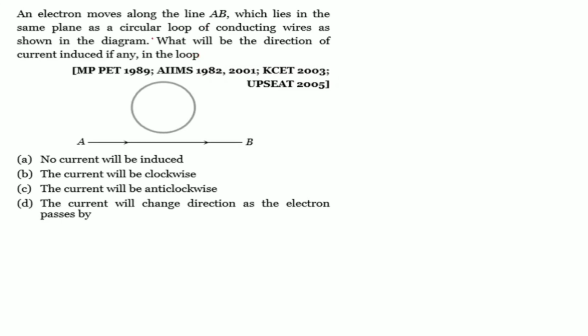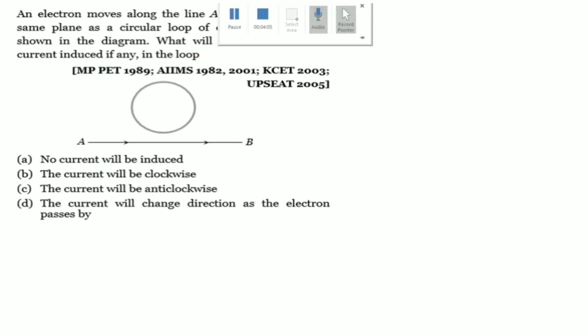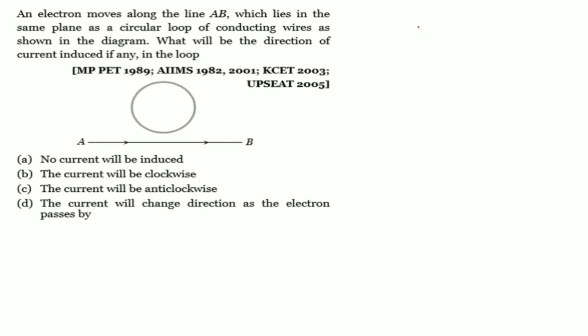So this question is based on Faraday's second law of electromagnetic induction. We know that it is given by the equation E equals minus d phi divided by dt. That means when magnetic flux linked with the coil changes, then induced EMF takes place. See here, the electron is moving along the line AB, that is from left to right side.